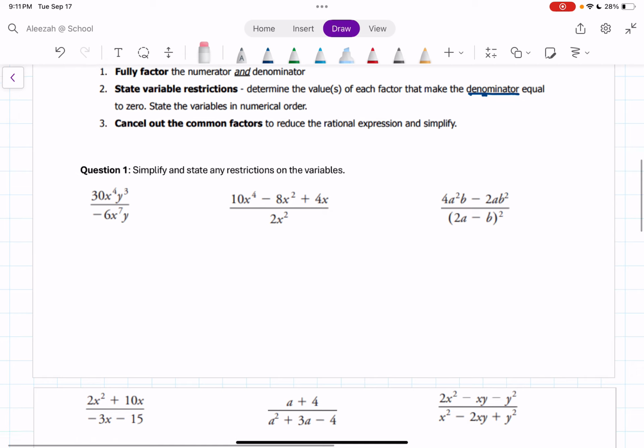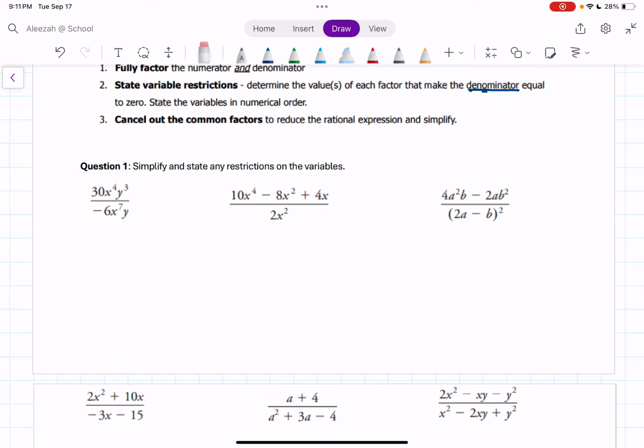Okay, let's look at the example here. If you just look at this question, we can't factor it because it's one term in the numerator and one term in the denominator.